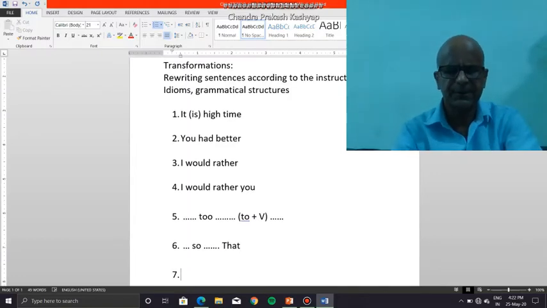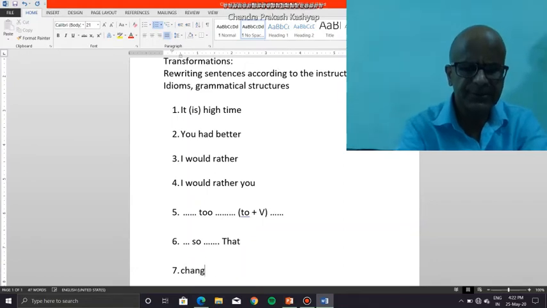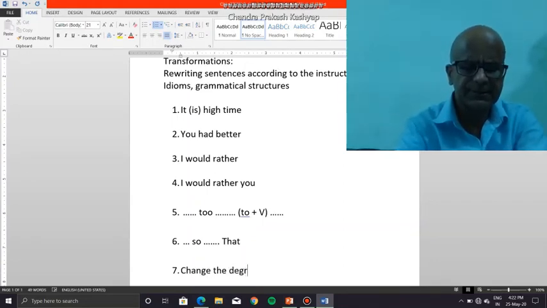For example, you may be asked to change the degree of comparison.